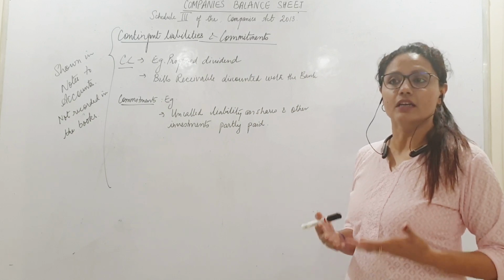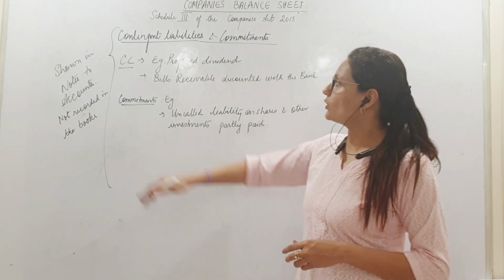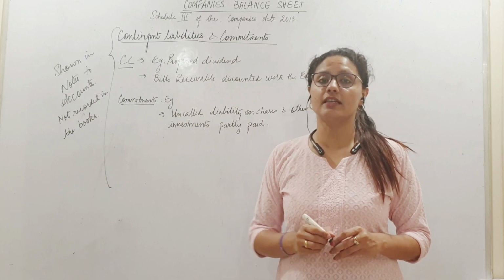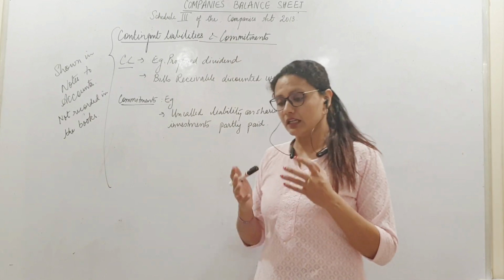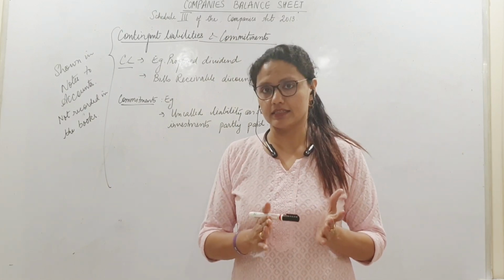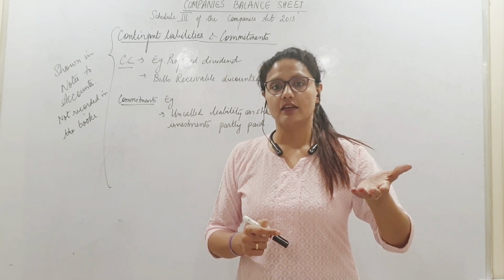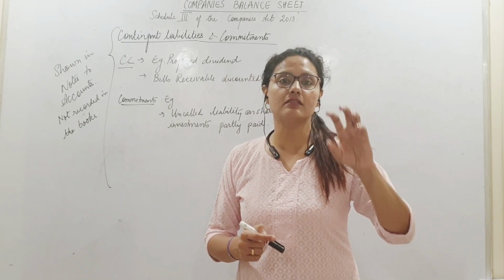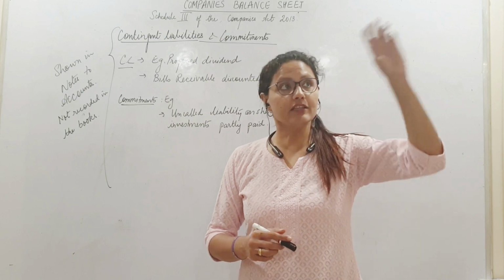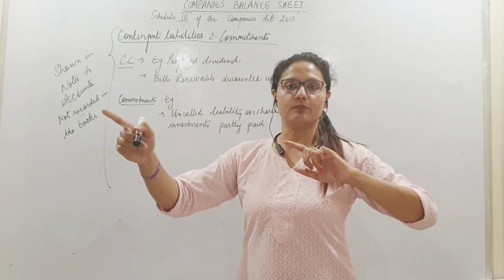But why do we mention this here then? First thing you need to understand is what is the meaning of a contingent liability. Contingent meaning a liability which might arise later on, at a future date, and it depends on the happening of a certain event. If this will happen, I will have to pay this.